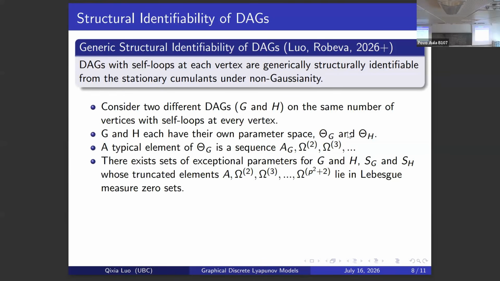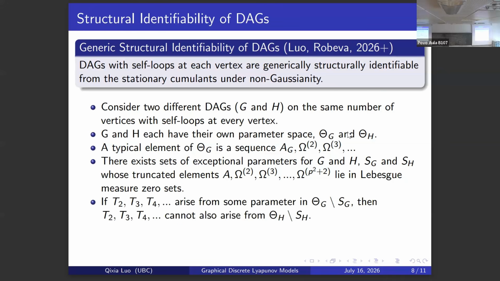What we showed is that there exist sets of exceptional parameters for G and H, which we denote S_G and S_H, whose truncated elements, like here, where we're choosing A, the weighted adjacency matrix, and then truncating, lie in the zero sets.